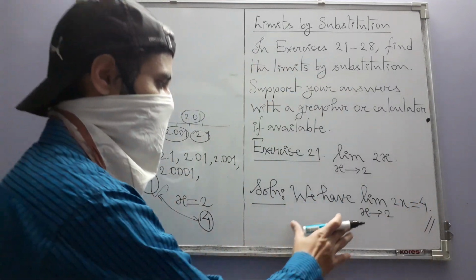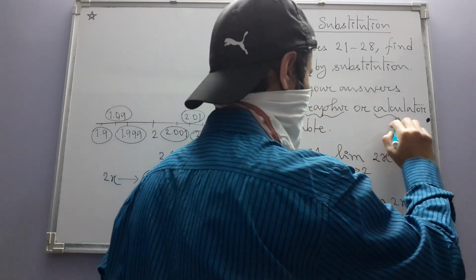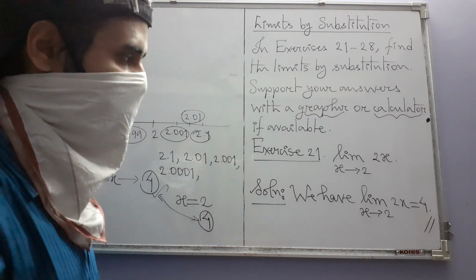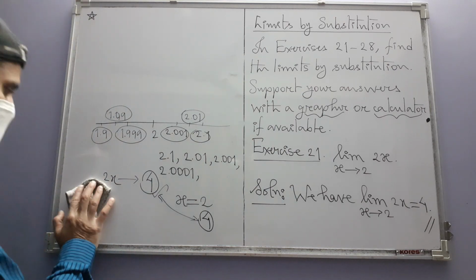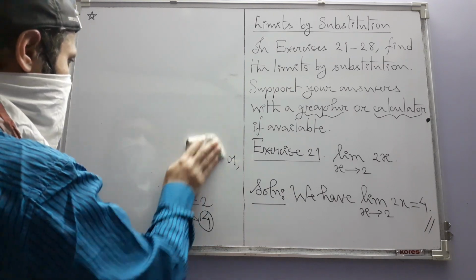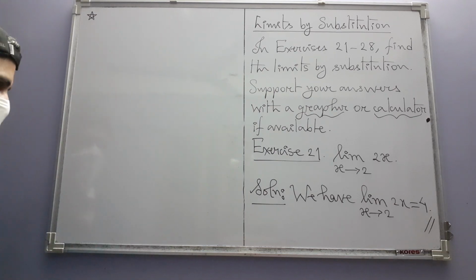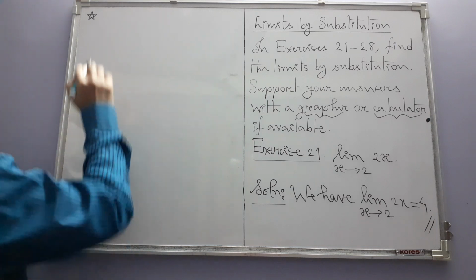You have to back this up with a grapher or calculator and do whatever you are supposed to do. Okay, so that's the point. But anyway, let's just see the next one.